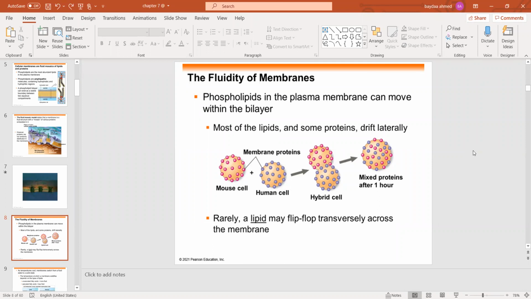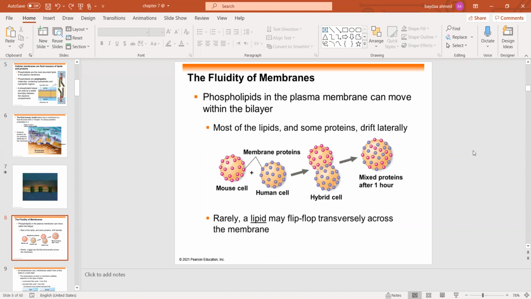This occurs rapidly, in just a few parts of a second. Proteins are much larger than lipids and move more slowly. Many membrane proteins seem to be held immobile by their attachment to the cytoskeleton or to the extracellular matrix.